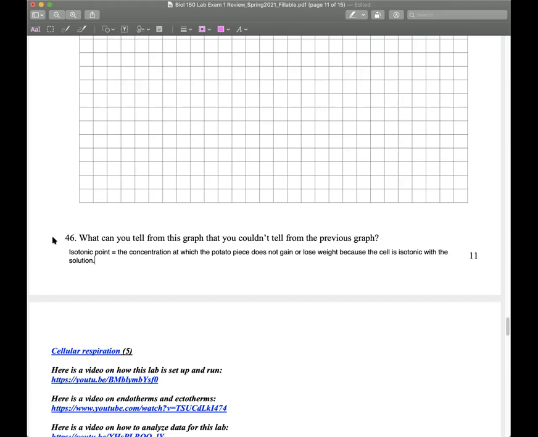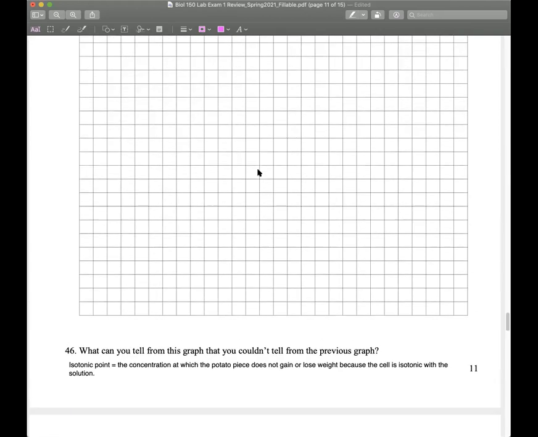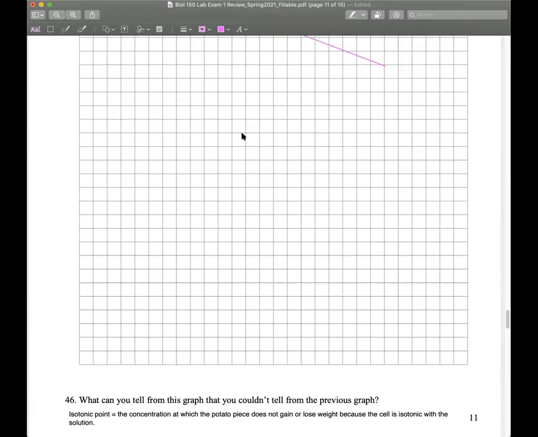So the isotonic point is the concentration at which the potato piece does not gain or lose weight, because those potato cells are now isotonic. They're in equilibrium with the solution around them.